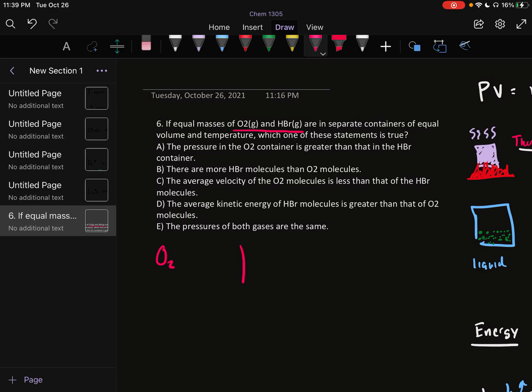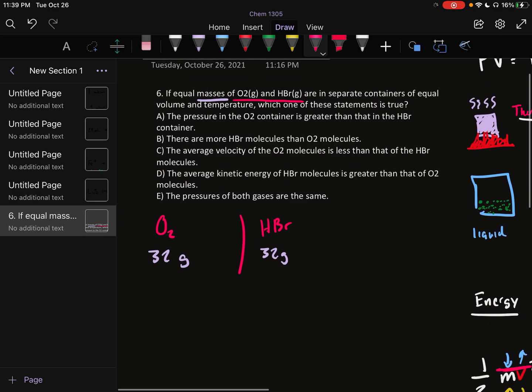Now I'm going to say that we have 32 grams of O2 and 32 grams of HBr, because we can interpret this however we want. Essentially, if we have 32 grams of O2, we have 1 mole of O2, and that's taken by getting our molar mass. And for HBr, we have roughly 0.4 moles if we have 32 grams, right? Just remember your conversion between grams and moles.